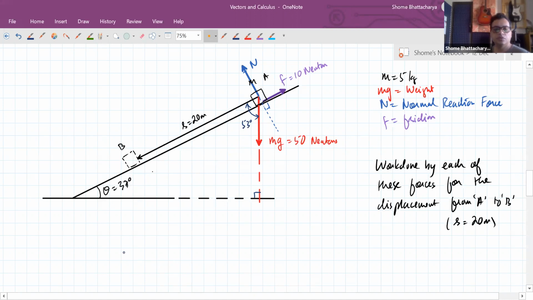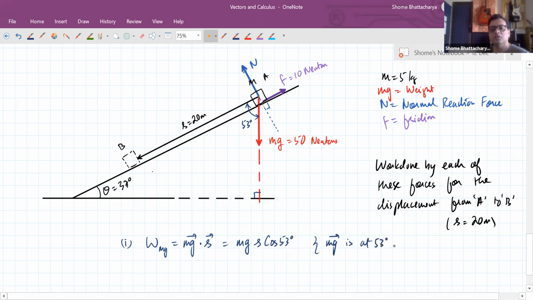Okay. So for the first thing, we want to calculate the work done by mg. So that will be the dot product of gravitational force with respect to displacement. So that should be the product of the magnitudes, that is mg into s, into cosine of the angle between the two. You can see that the gravitational force is at 53 degrees with respect to the displacement vector.